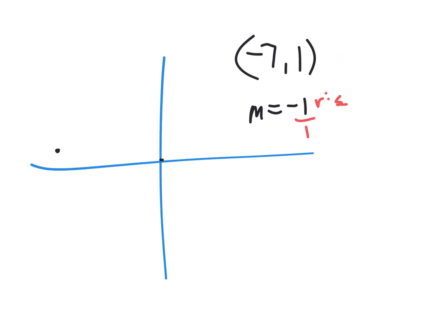Because I want to show you it's rise over run. And so it's rise of negative 1 over run of 1. And there's a dot. That's how you could have known that the line goes like that. My arrows are pretty bad.